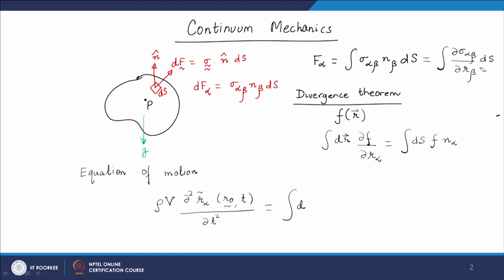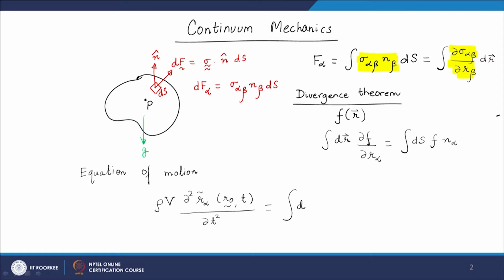I am sorry. So, we used the divergence theorem here. So, this becomes an integration over the volume. So, the integration over the volume of the derivative is the integration over the surface of the stress tensor multiplied by the normal vector. So, I will use the volume integration here.